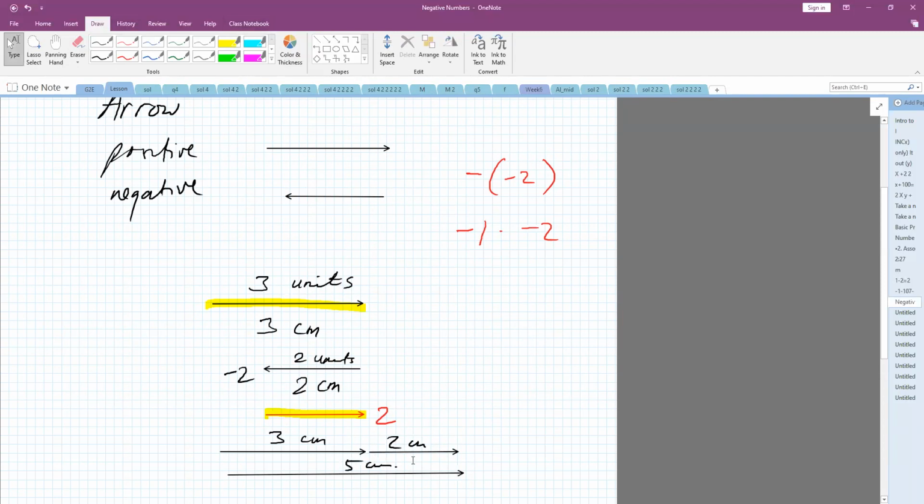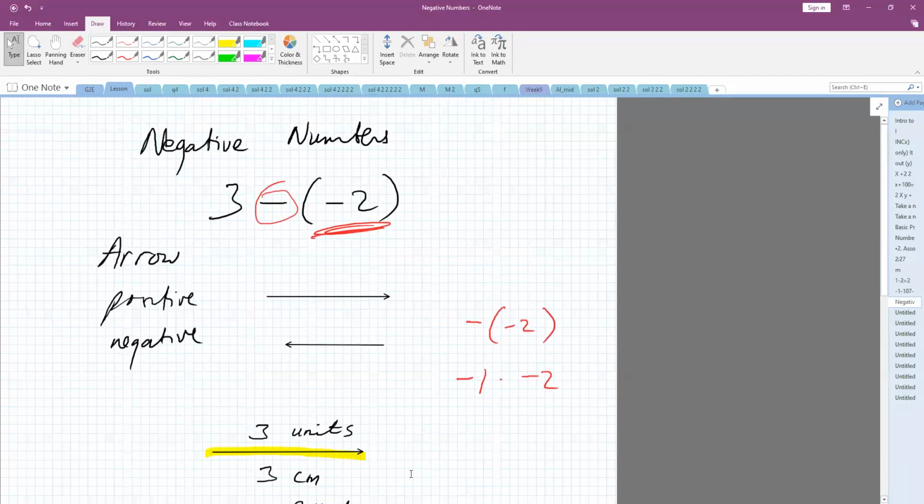So the answer for this one is actually 5. Because now when you have negative 2, yeah, it gives us an arrow pointing to the right, so it gives us a positive. Because minus times minus equals plus. That's right. Okay, so this is very important.